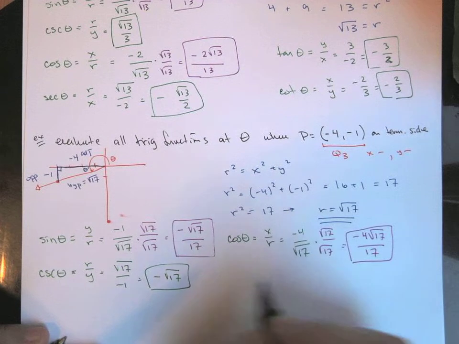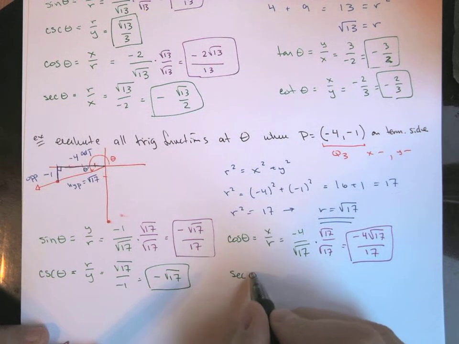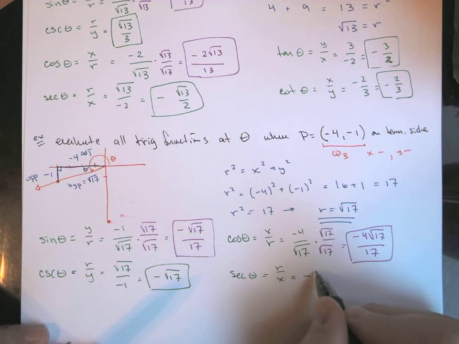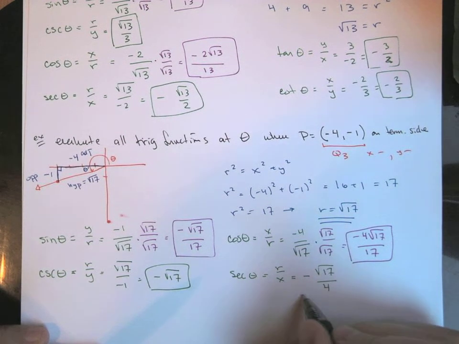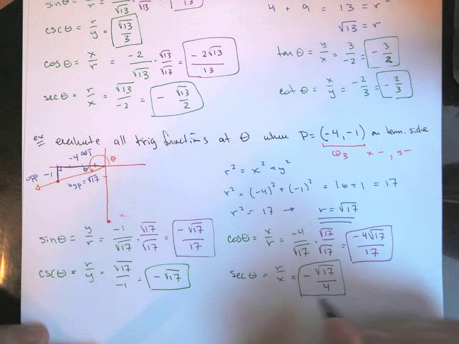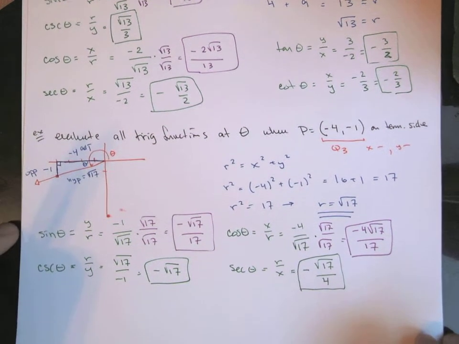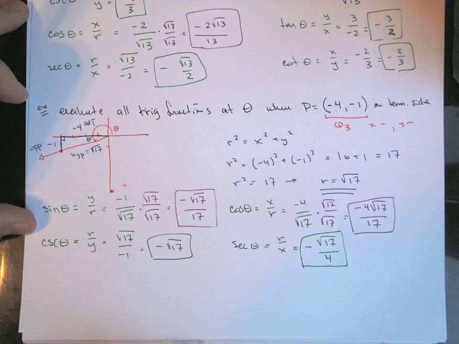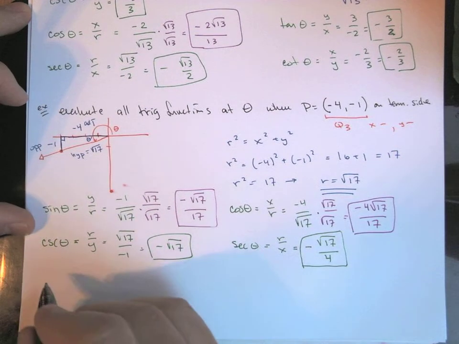We'll flip it from the earlier version to get our secant. So the radius over x, so that's going to be negative root 17 over 4. And I'll sneak this up just a little bit. We'll squeeze tangent and cotangent in underneath. I tried to have this nice and lined up and it just didn't work.